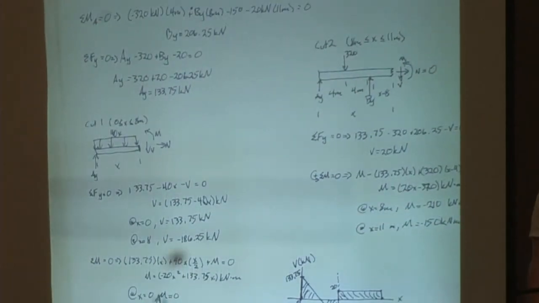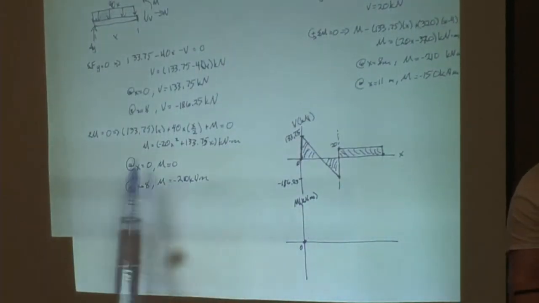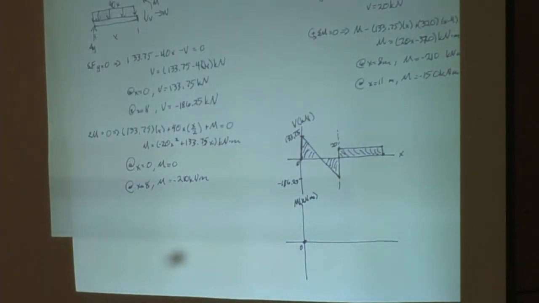All right, so what do we know about this line? Just looking at the equation, think back to calculus. It's a parabola, negative, so it's going to be a concave down parabola.